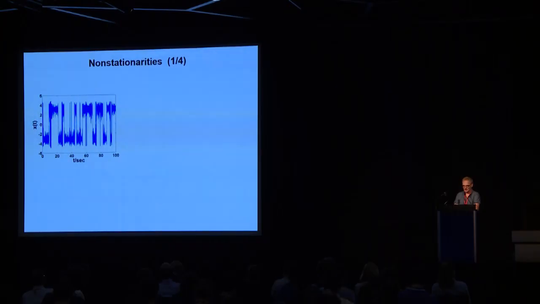It's a simulation. You see a time signal, and at some time points it has a value around -3, and then it jumps to values around +3 and jumps back and forth and so on. When you show such a signal to scientists, I think almost all would say this is a non-stationary signal.